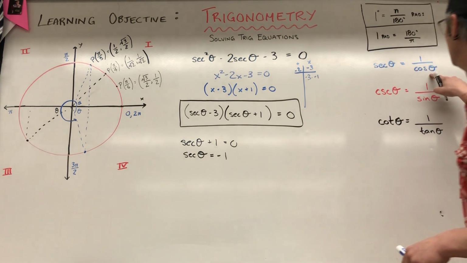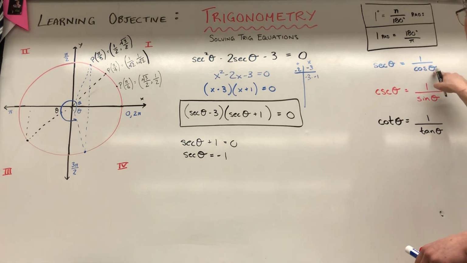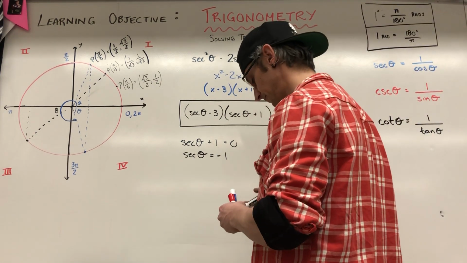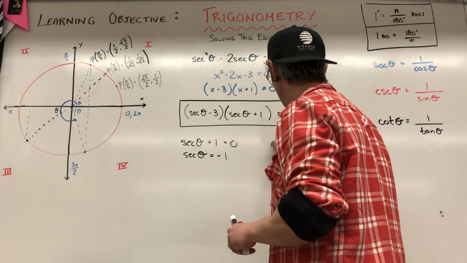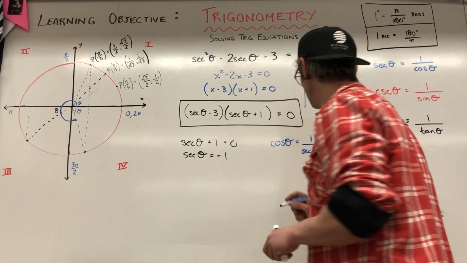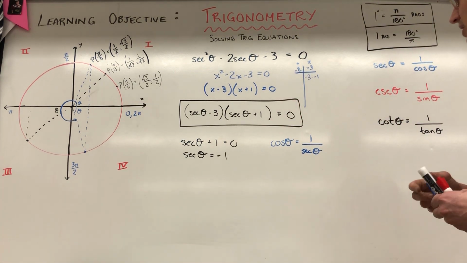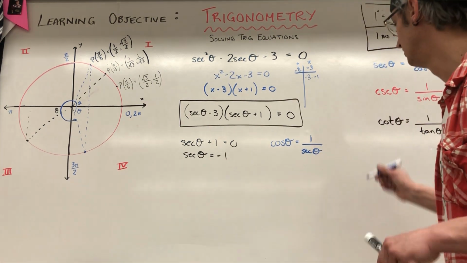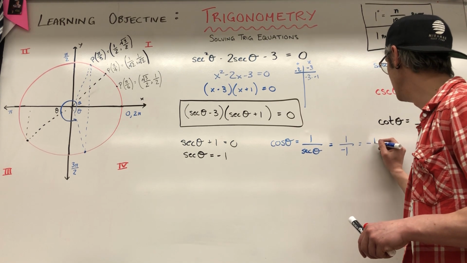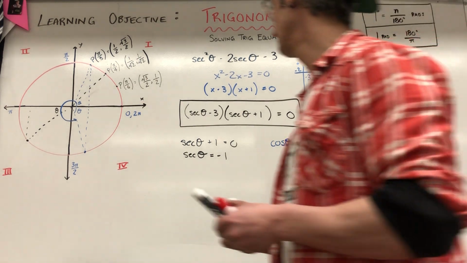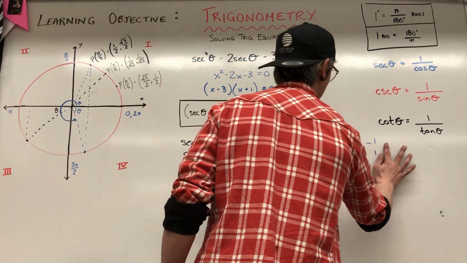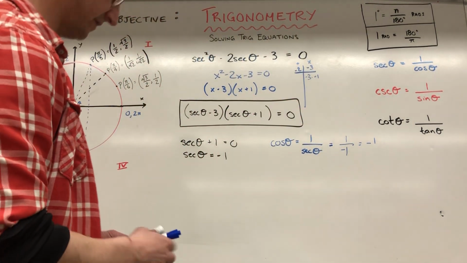Since secant is equal to 1 over cos, solving for cos theta gives cos theta equals 1 over secant theta. Because secant theta is negative 1 here, it's 1 over negative 1, which is negative 1. So where do I get a cos theta of negative 1?